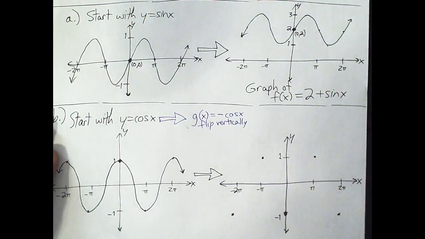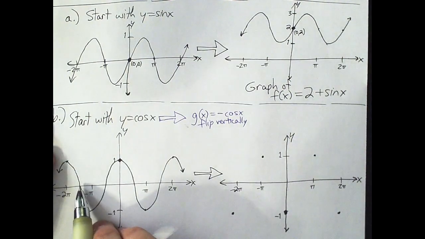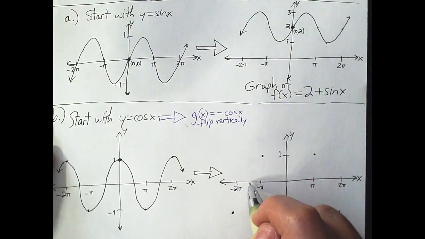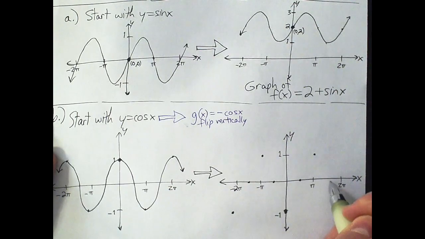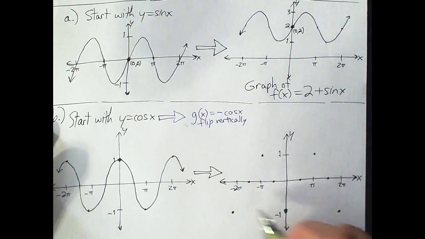See how I do this? I draw a few points, and then I'm going to fill in the overall shape. The points that were at a height of 0, when I flip those, they stay at a height of 0, because what's the negative of 0? It just stays right where it is. All right, that seems like enough to draw a nice picture.